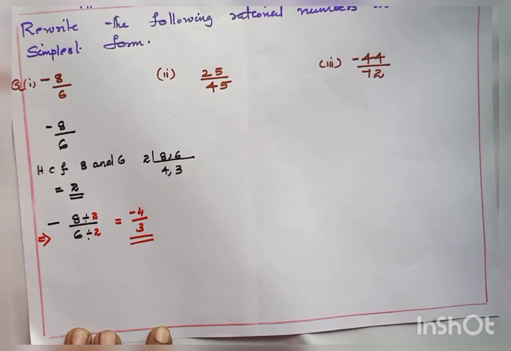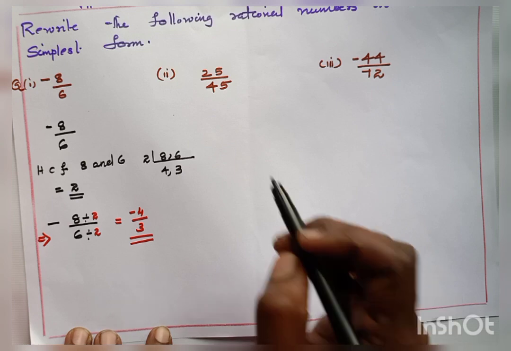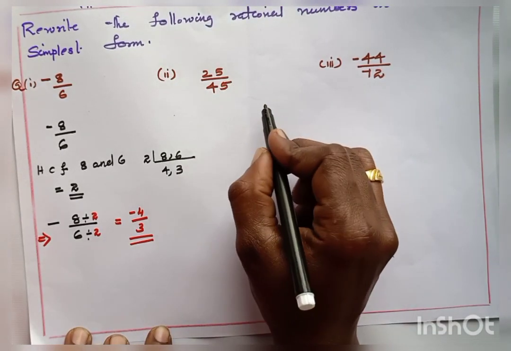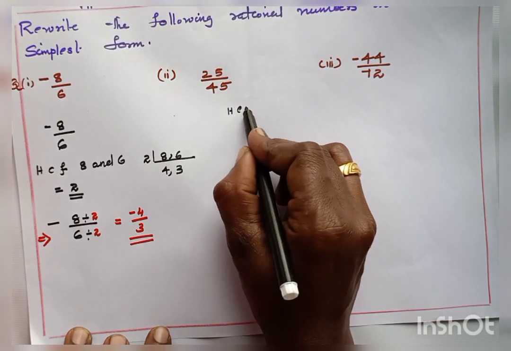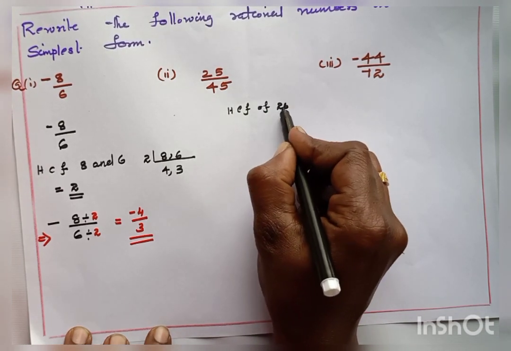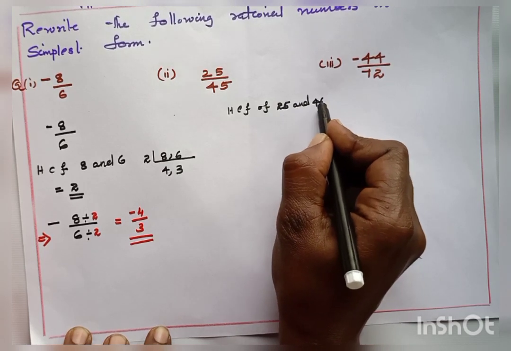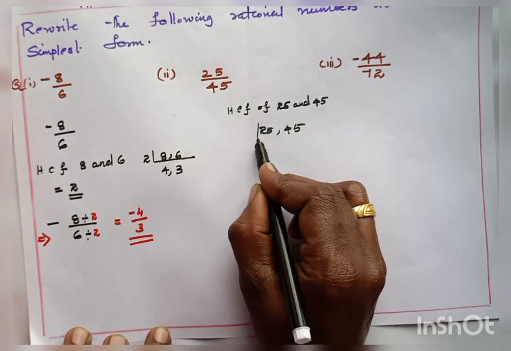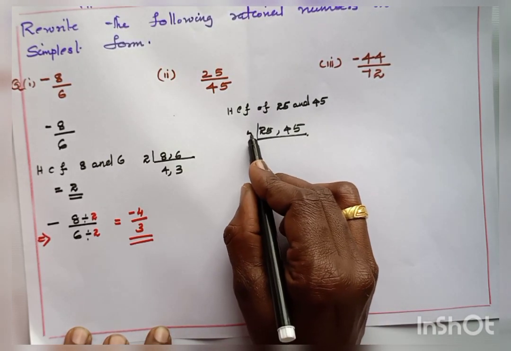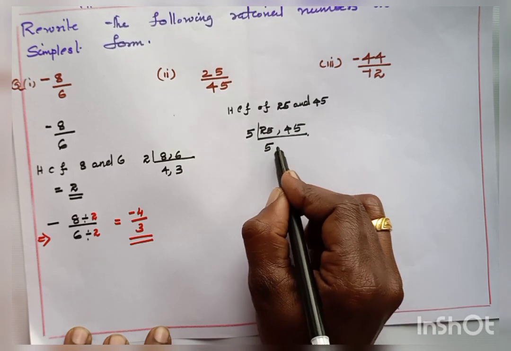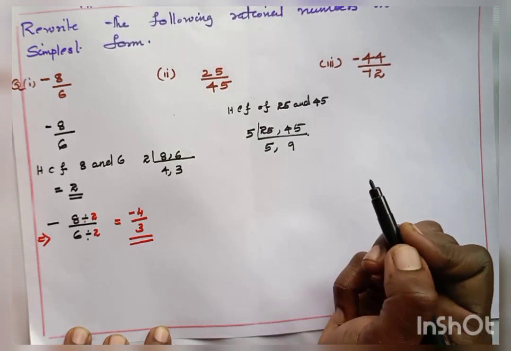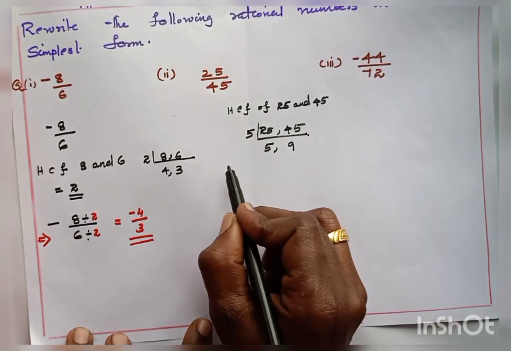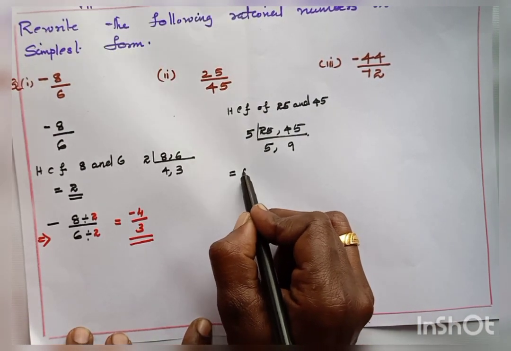Then the next question is 25 by 45. It's a composite number, so we can find the HCF of 25 and 45. 5 is the common factor. 5 5s are 25, 9 5s are 45. 5 and 9 have no common factors, so the HCF is, yes, 5.